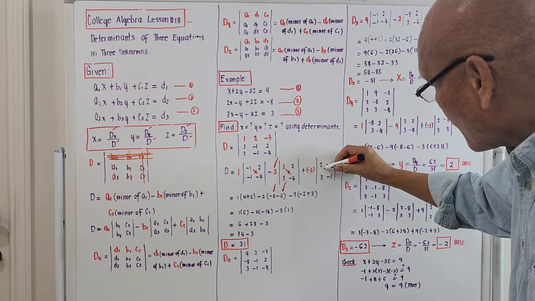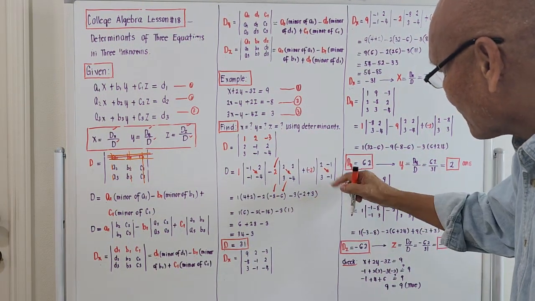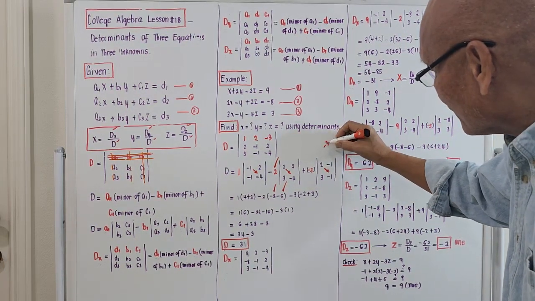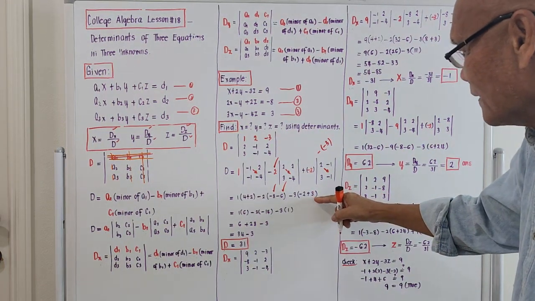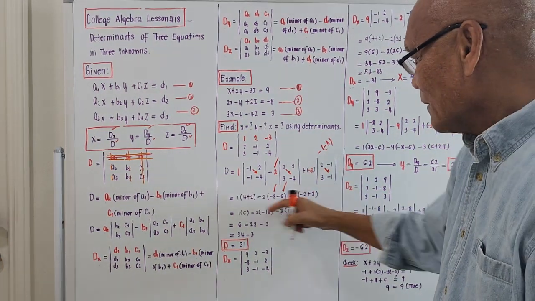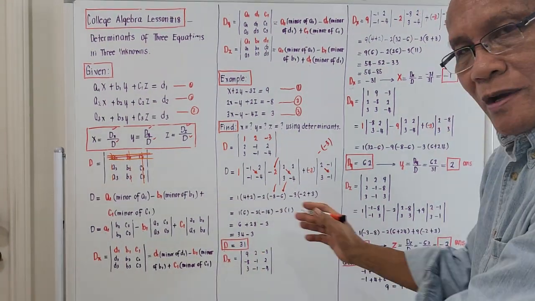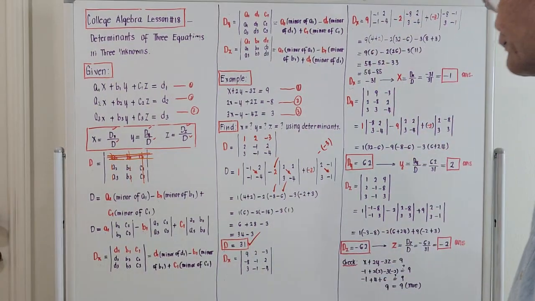The product of 2 times minus 1 will be minus 2, and the product of 3 times minus 1 will be minus 3, but the operation is subtraction, so this will now be plus 3. I will not go into detail now, we are lacking time. The value of the determinant D will be 31.